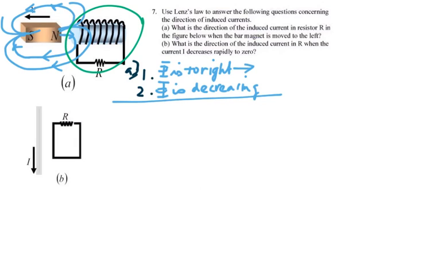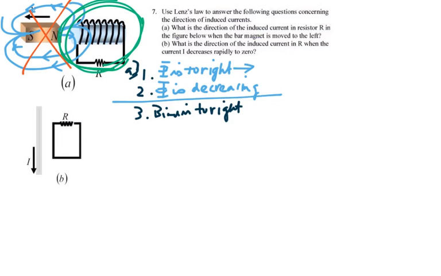So now to go on, we'll forget about the magnet part of this, and we're going to focus in on what's happening with our coil over here. It's experiencing a flux that's to the right and decreasing. What's nature going to do about it? It's going to create its own magnetic field, induced magnetic field, to oppose the decrease. So the induced magnetic field is to the right.